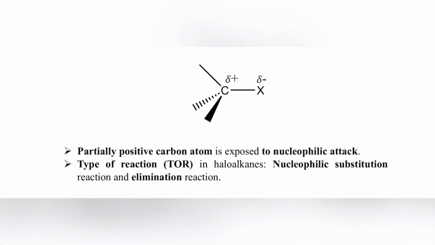So due to this partial charge between carbon atom and halogen atom, this partial positive carbon atom is exposed to nucleophilic attack. Kerana dia partial positive, dia lebih senang untuk diserang oleh nucleophile. Sebab itulah nucleophile, kalau kita ada dalam bentuk secara general, this nucleophile akan serang this carbon.